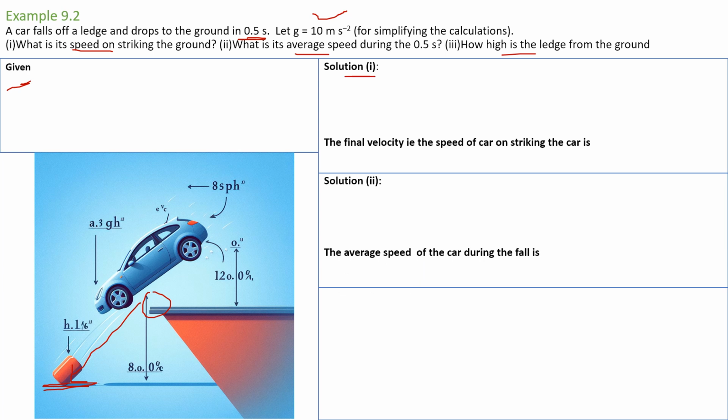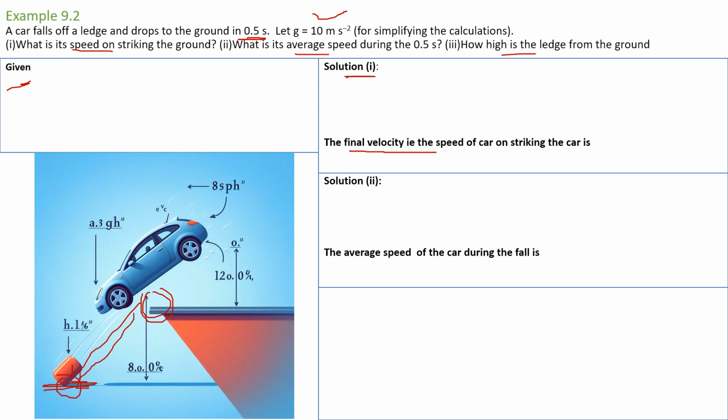In the solution, in the first problem, we need to calculate the final velocity. What is final velocity? See, this is the initial velocity, and this is the final velocity. Remember, we already said the velocity of the car is not constant throughout the fall.